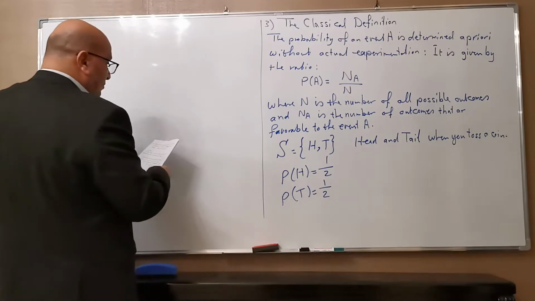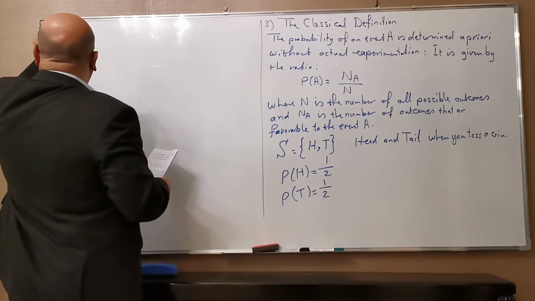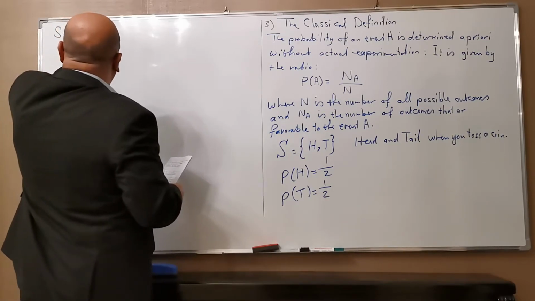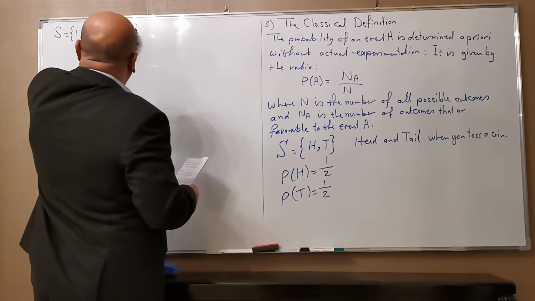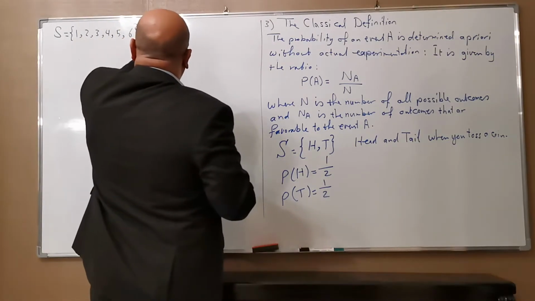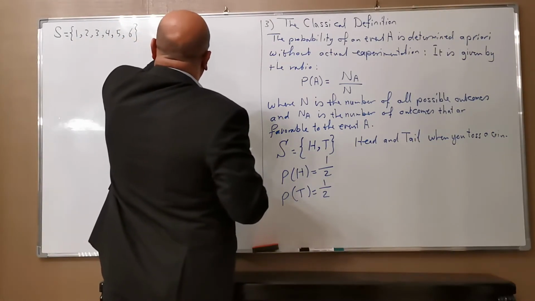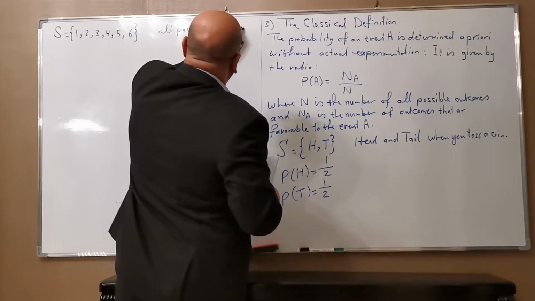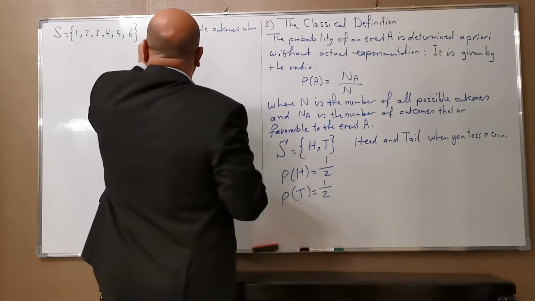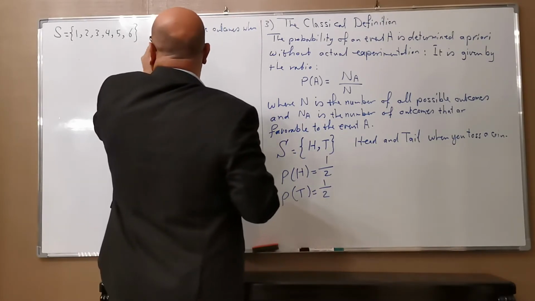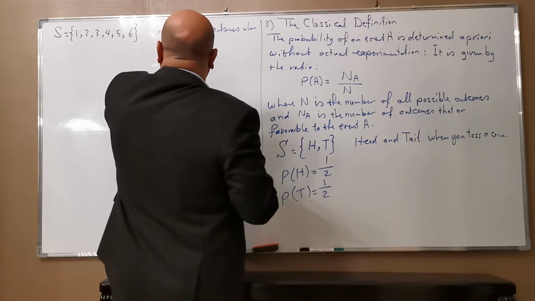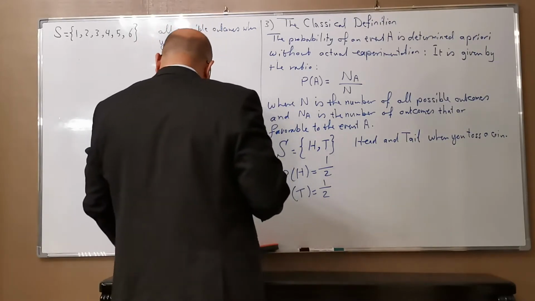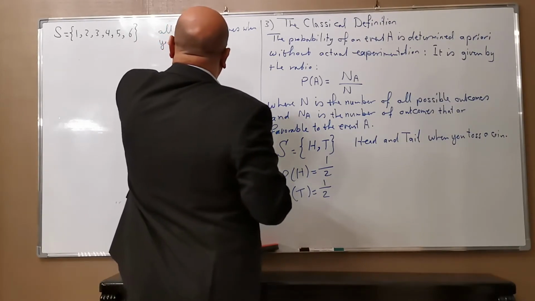If we take another example, if we have S equals 1, 2, 3, 4, 5, 6, those are all possible outcomes when you throw a die.